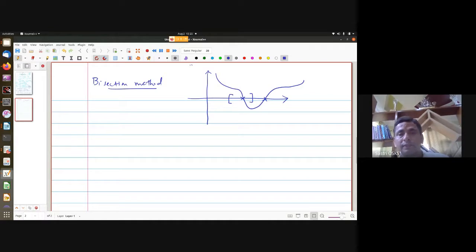So this is your function f of e versus e, and we should find two values e1 and e2 such that the actual root, which we call er, lies within the interval. How do I know that? We notice that the function's value at e1 is greater than 0 and the function's value at e2 is less than 0.